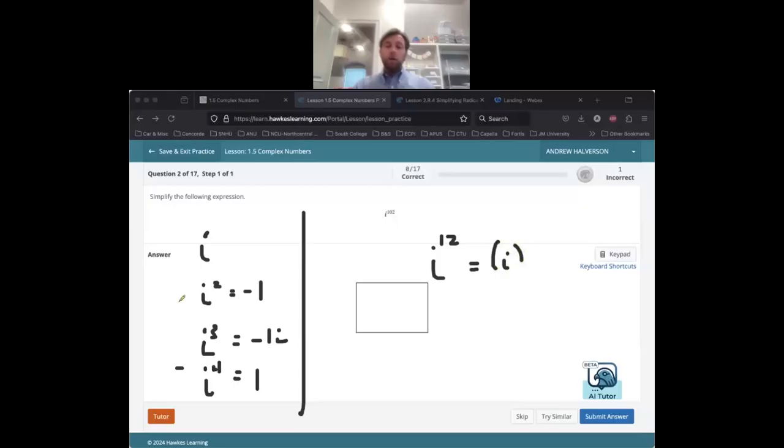I to the 4th, if I were going to reverse power rule this, to the 3rd power, right? Because remember, what's the power rule say? Power of a power, you multiply, and that multiplication is going to give us the 12.